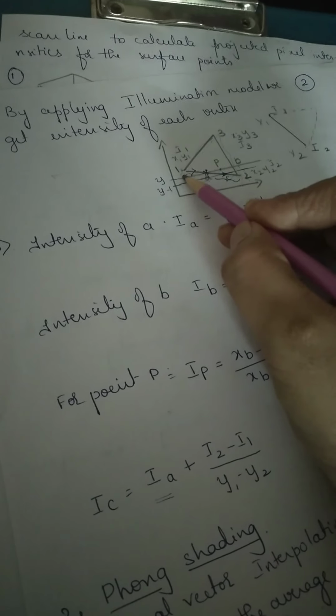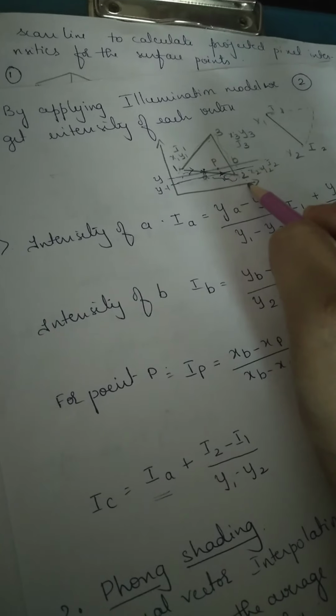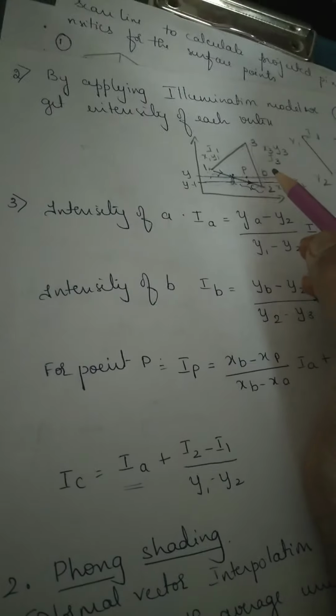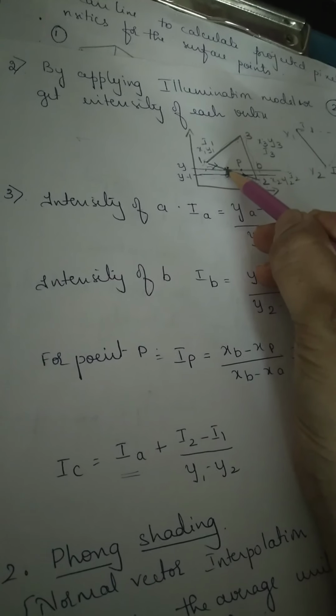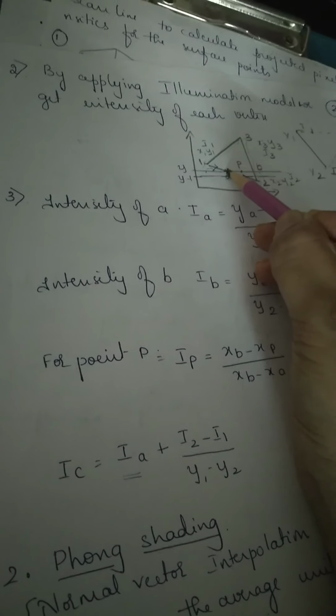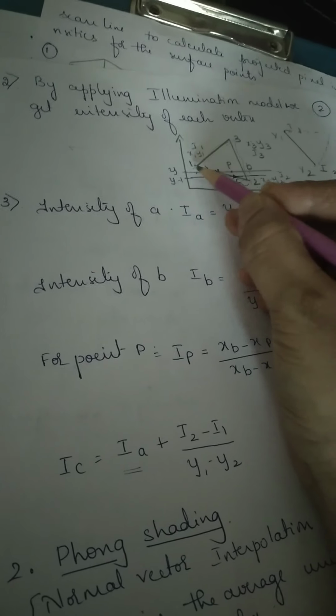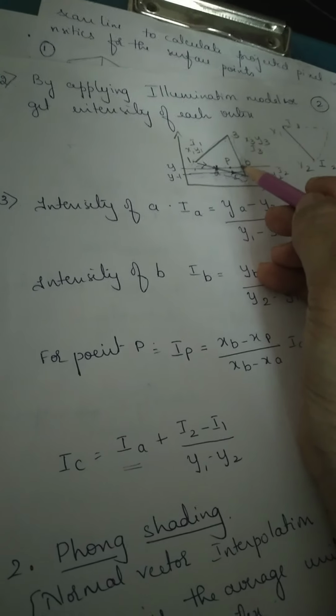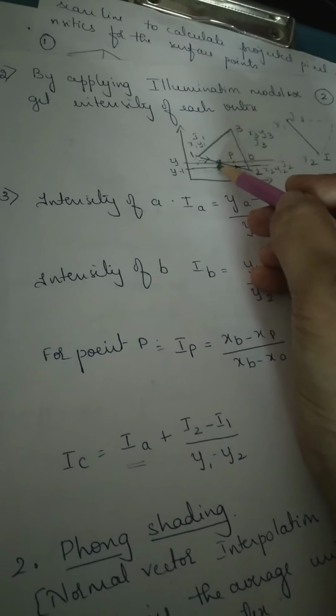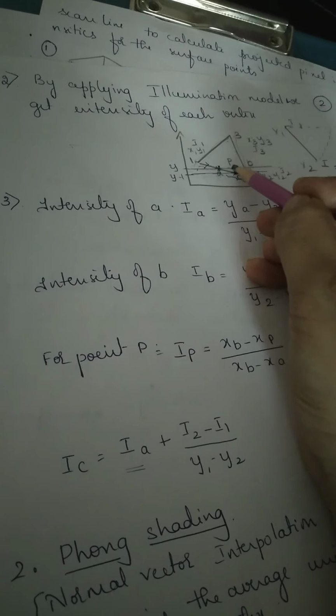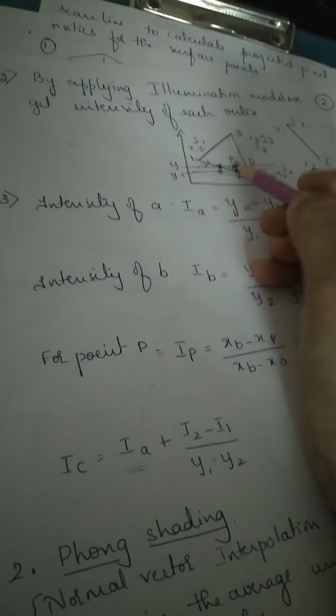The coordinates are x1 y1, x2 y2, and x3 y3. Okay, now I want to calculate the intensity at any point. I'll take one point A on this edge and one more point B, and in between these 2 points I'll select one more point, that is P.